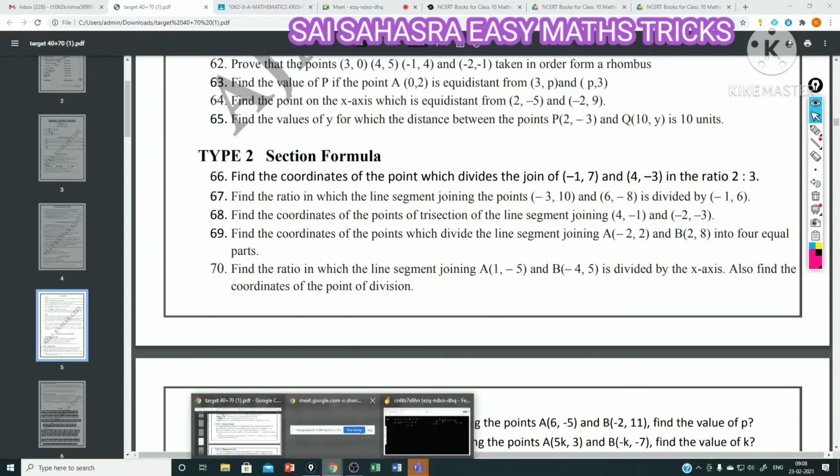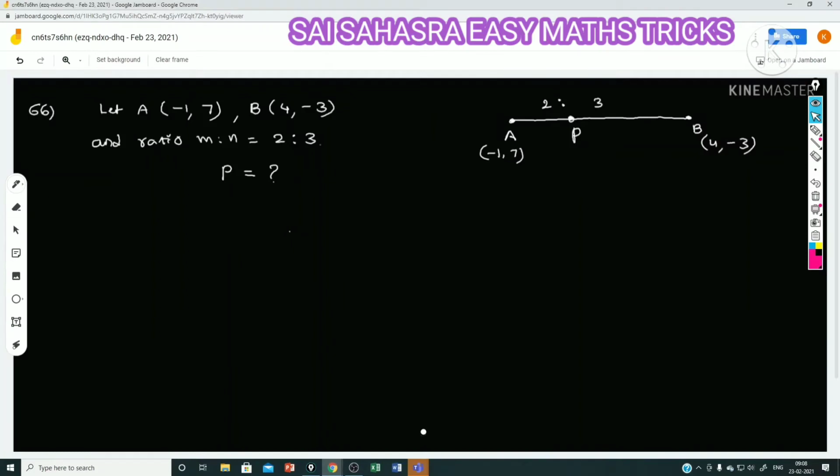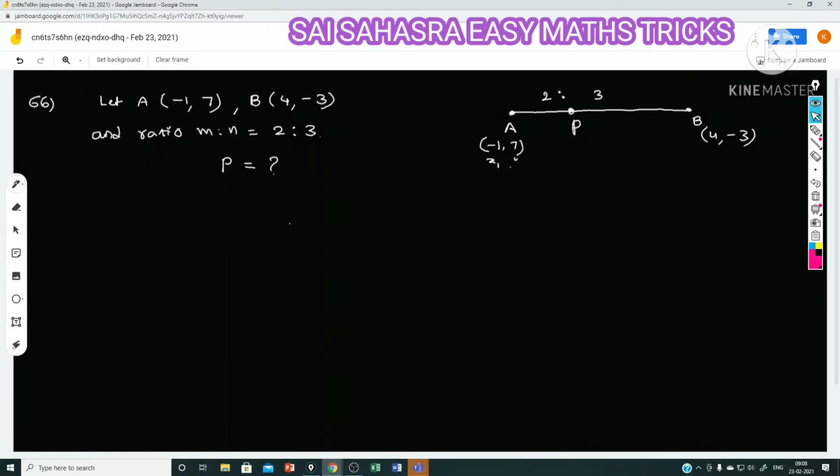Clear, no? Yes. So let us write here, this is x1, this is y1, and this is x2, and this is y2, and this is m, and this is n. Let us try to solve now as per the section formula. So what can you write as per section formula?